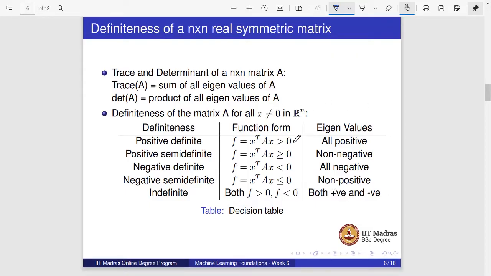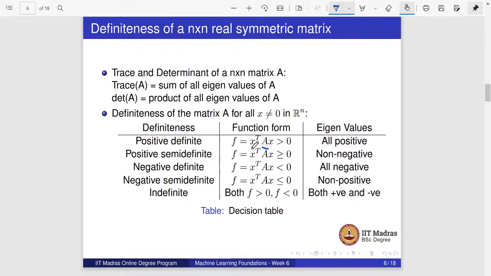If the function is positive at all points, then we say the matrix A, which is present in the matrix representation of the function here, will be called positive definite. If it is non-negative at all points, then we say the matrix A is positive semi-definite.